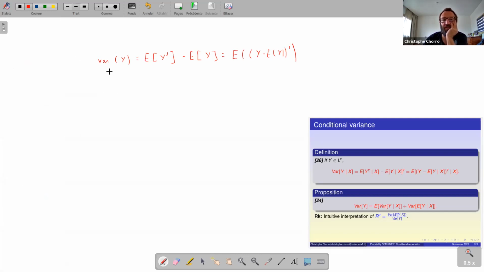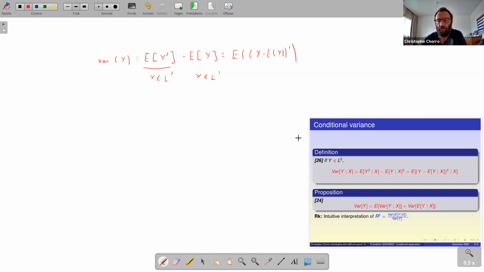And if I want to give sense to this one, I need to give sense to these 2 terms. So for this one, Y has to belong to L1. Here, Y has to belong to L2. I know that L2 is included in L1. So if I want to give sense, for Y in L2, it works. But it's exactly the same for the conditional expectation because I have defined the expectation for random variables in L1.